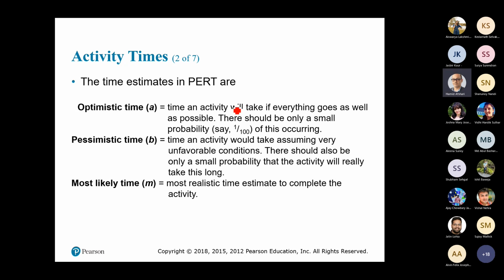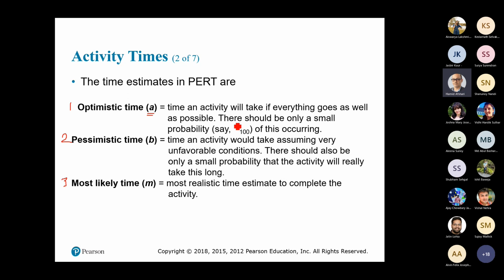First of all, we should know that we will be given 3 times: time number 1, time number 2, and time number 3. Time number 1 is called the optimistic time. We also show it using A. This is the time an activity will take if everything goes as well as possible, so this is the shortest time to complete the activity.